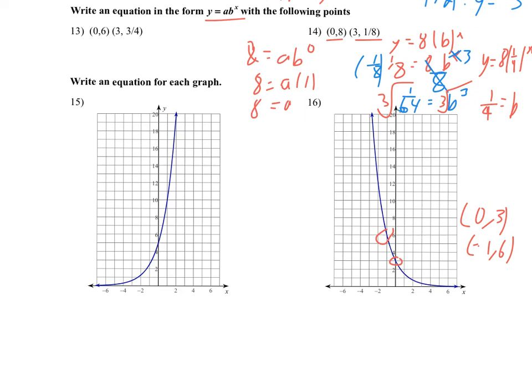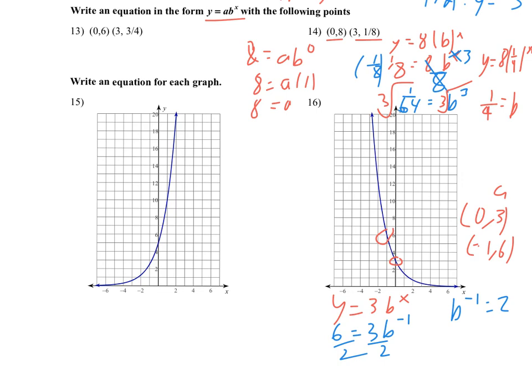So once again, I'll just know that this is a. So I'm going to say y equals 3 times b to the x, and then I'll use the other point to find b. So I'm going to plug in 6 right there. I'm going to plug in -1 for x. I'm going to divide both sides by 3. And so b to the -1 equals 2, which to me means that b is 1/2.